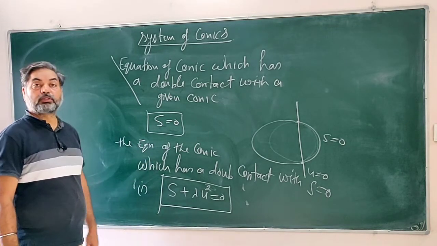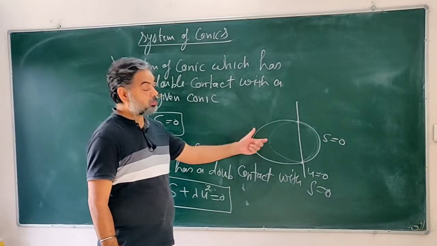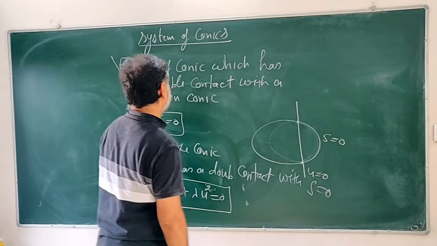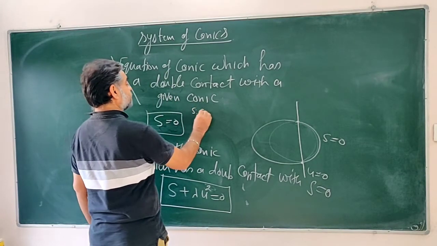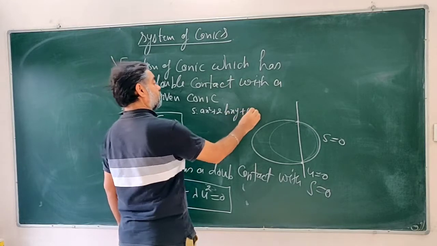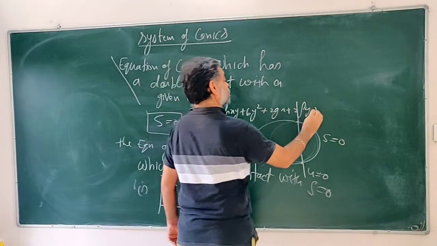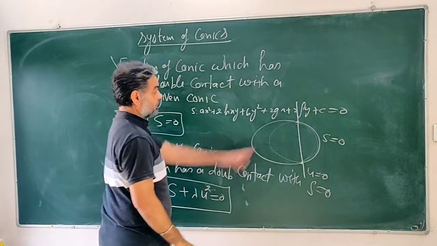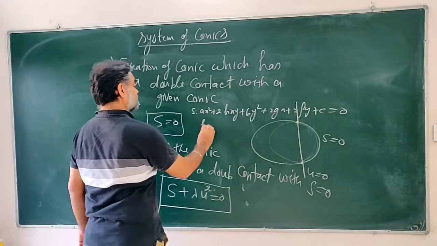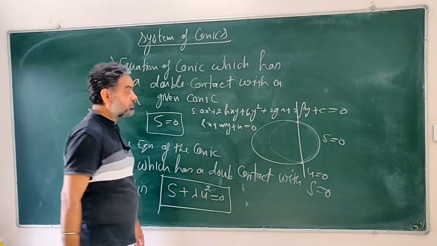This equation gives us the equation of a conic which has a double contact with the conic S equal to 0. Right? For example, suppose S is this, ax square plus 2hxy plus by square plus 2gx plus 2fy plus c equal to 0, and suppose the equation of this line is lx plus my plus n equal to 0.